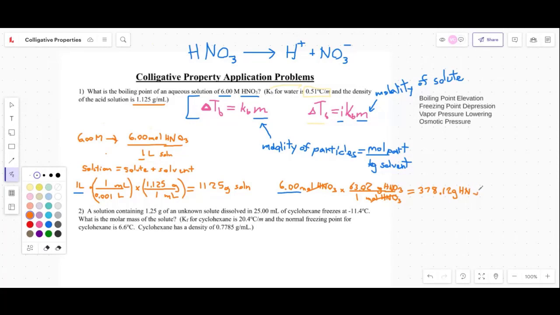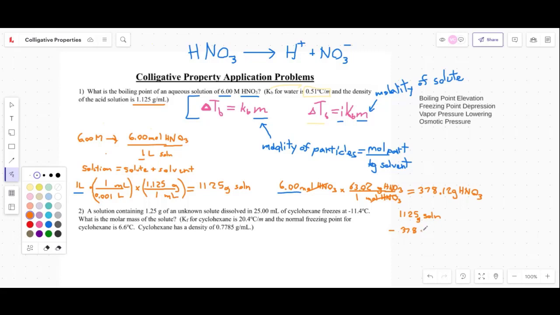So how many grams of solvent do I have? I have 1,125 grams of solution, and solution is solute plus solvent. So how do I find the grams of solvent? You would subtract the mass of the solute from the mass of solution.